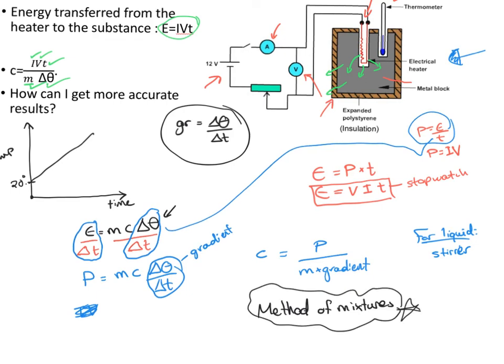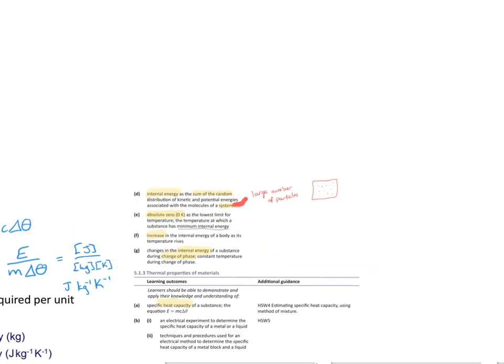Okay, so going back to the learning objectives, we have seen all of the first points we made. We talked about the specific heat capacity, an experiment to measure the specific heat capacity of a metal or a liquid, and the techniques used to determine the specific heat capacity of a metal block and a liquid. Okay, so far we have looked at all of these points.